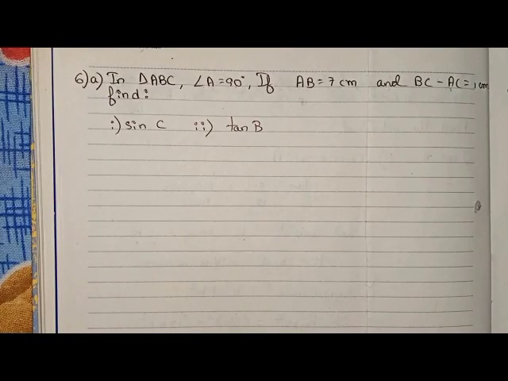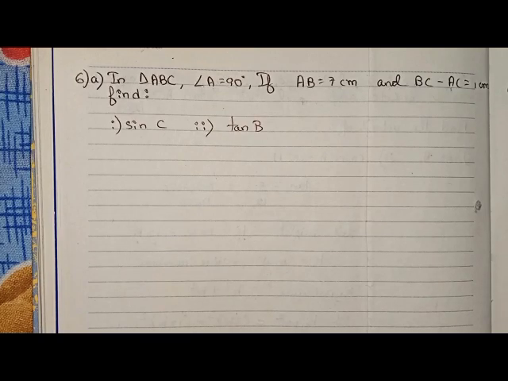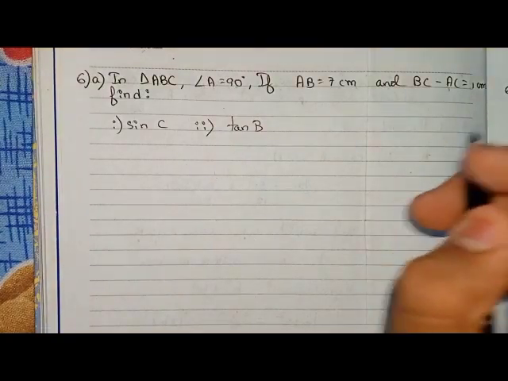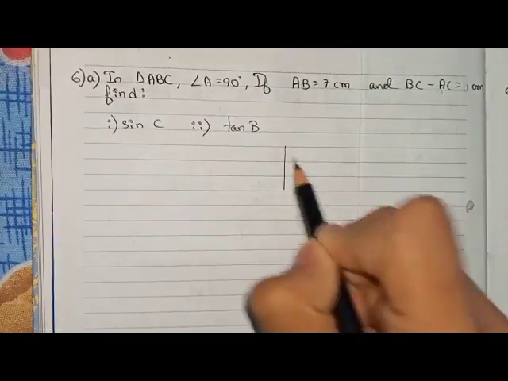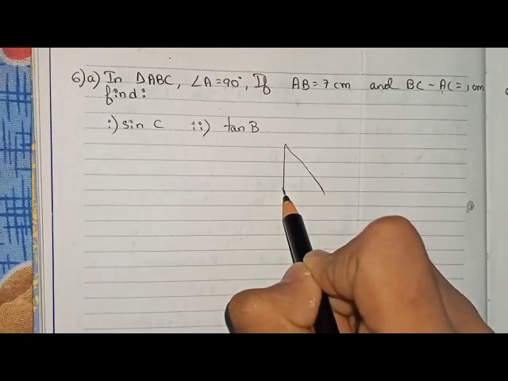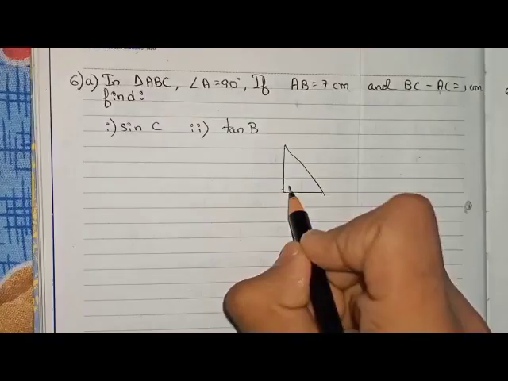Question 6a. In triangle ABC, angle A is equal to 90 degrees. If AB is equal to 7 cm and BC minus AC is equal to 1 cm, find sin C and tan B. So first we will draw the triangle. So this is our triangle. It is given A is equal to 90 degrees.